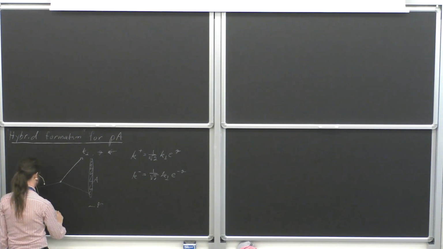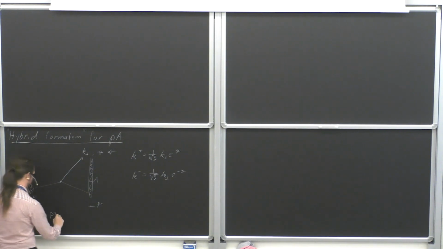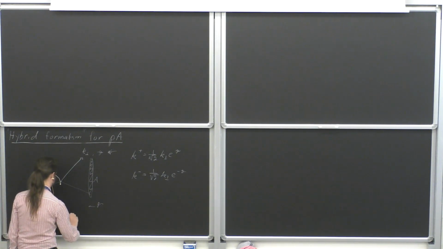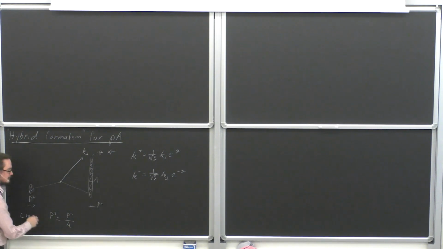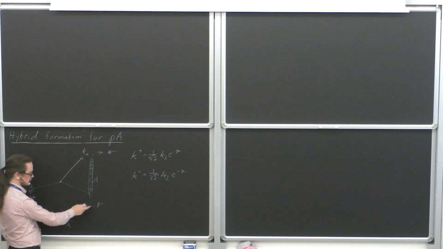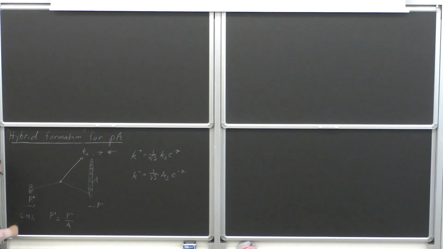So in the center of mass system, the proton plus momentum is the same as the nucleus plus momentum divided by A, so the proton-nucleon center of mass system. Now we are neglecting the masses: the mass of the nucleon and the mass of the proton.